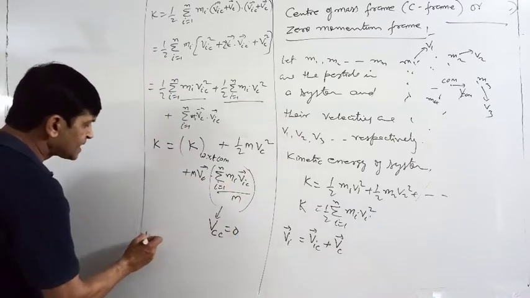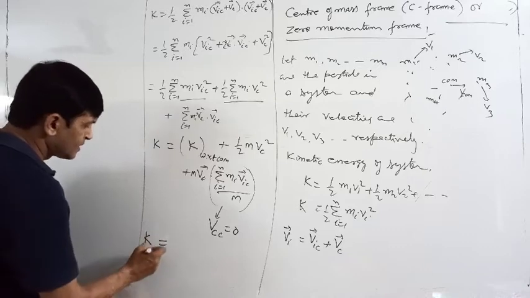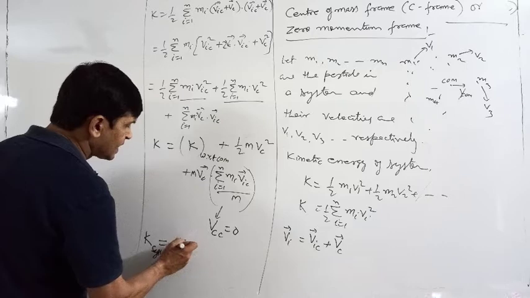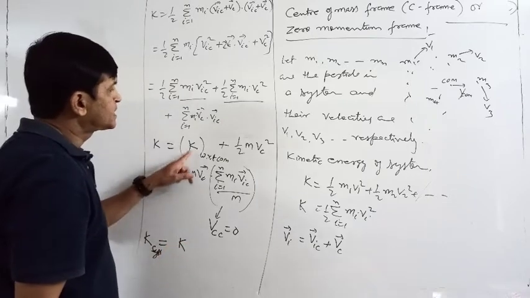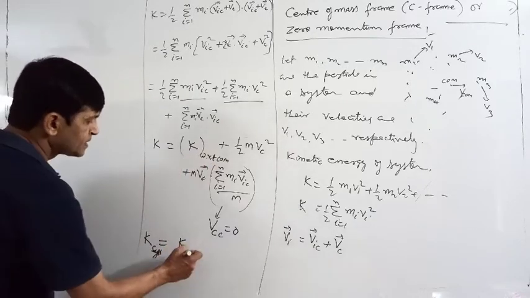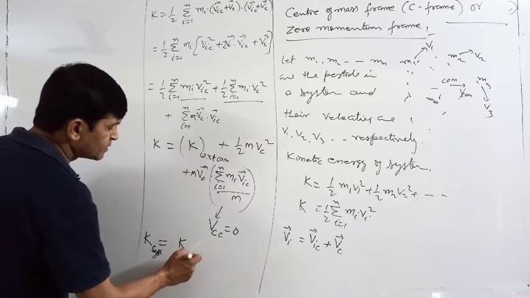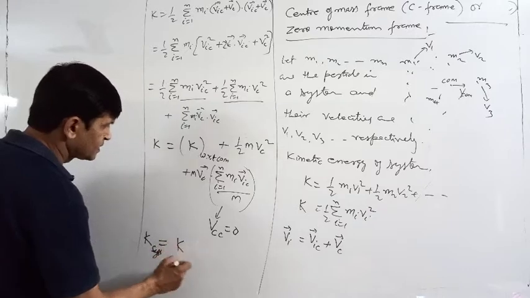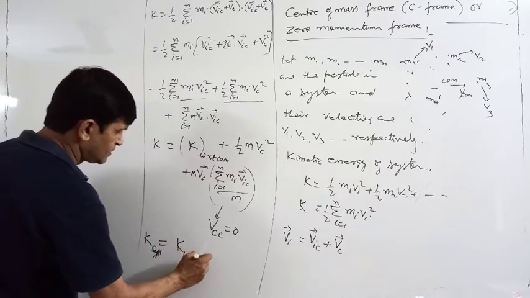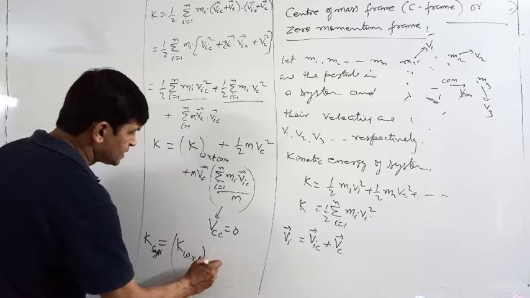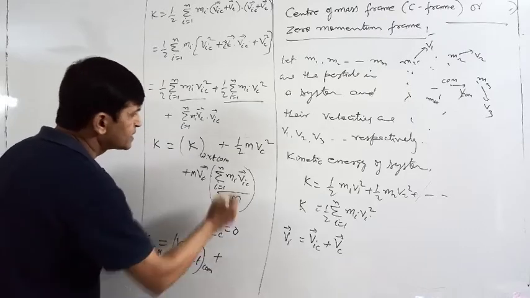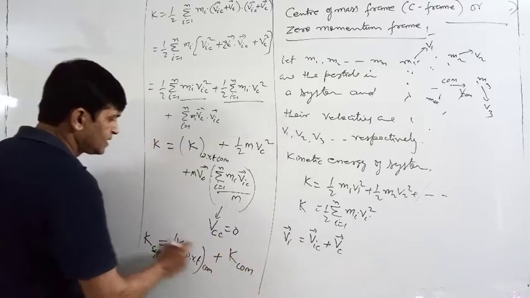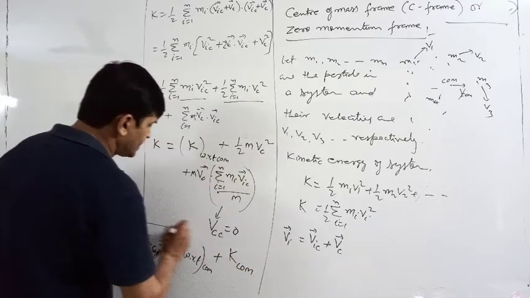So the kinetic energy of the system is the kinetic energy of the system with respect to COM, plus the kinetic energy of center of mass, half M Vc square.